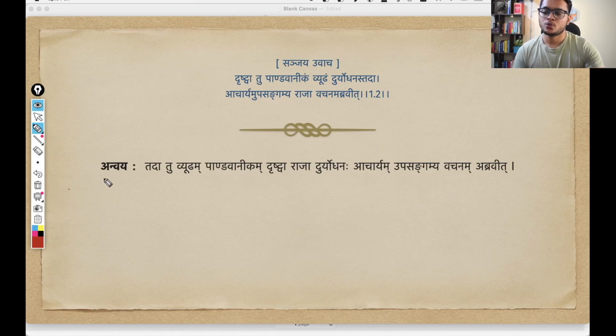Now we come to our last section, Anvay. I hope you remember, Anvay simply means rearrangement: rearranging the words of the shloka in the order that brings out the intended meaning. This is the format. Tada tu vyudham pandavanikam drishtva Raja Duryodhana Acharyam upsangamya vachanam abravit. And what is the meaning?